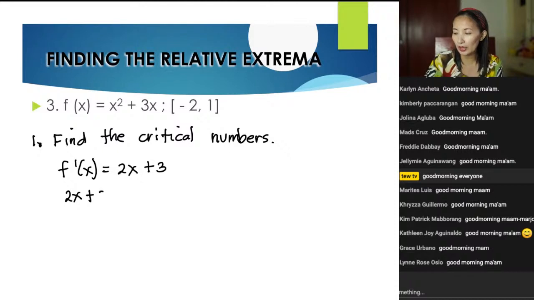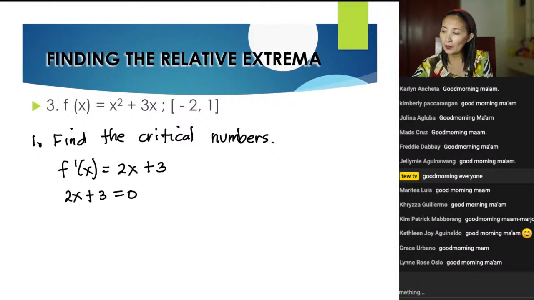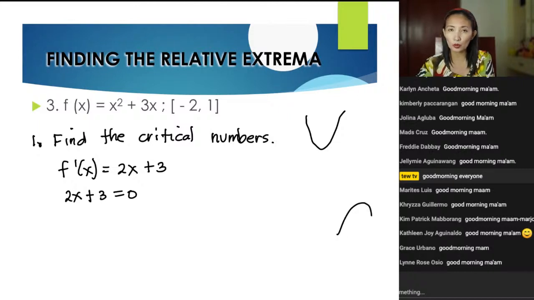There is only one, because this one is quadratic. A quadratic function, remember, has either a minimum or a maximum, because the graph of a quadratic function is either a parabola that opens upward or a parabola that opens downward.